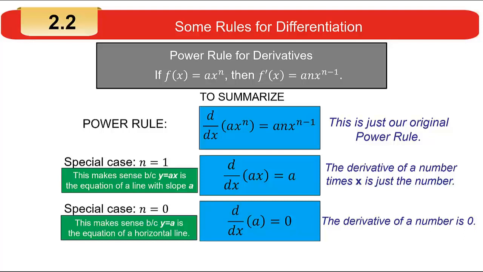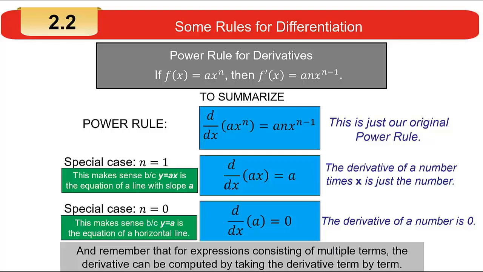We basically came up with a power rule and then two special cases which might be thought of as rules in their own right. And remember that you can take derivatives term by term. So if you've got a bunch of terms strung together, you can do each derivative term by term. This is a very good thing to put into your notes, to put in one place so that you can go back and refer to it later very easily.